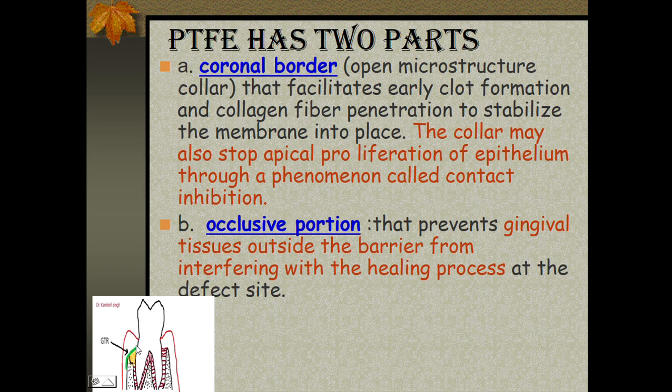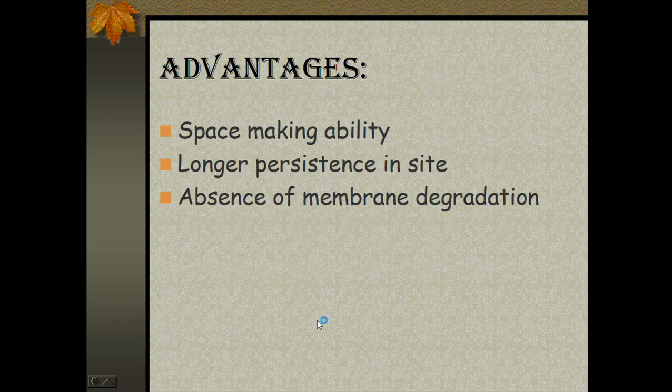The coronal border lies near the surface of the crown, and the other part is the occlusive portion. The collar may stop apical proliferation of epithelium, which is also known as contact inhibition. The occlusive portion prevents gingival tissue outside the barrier from interfering with the healing process at the defect site.